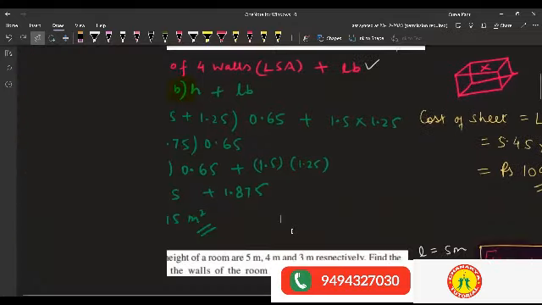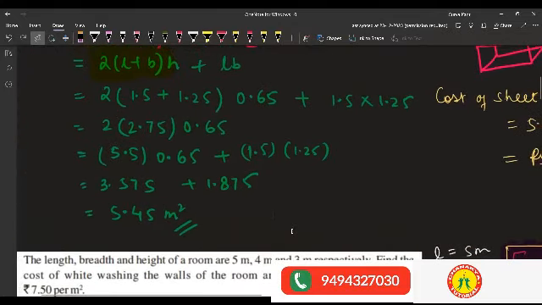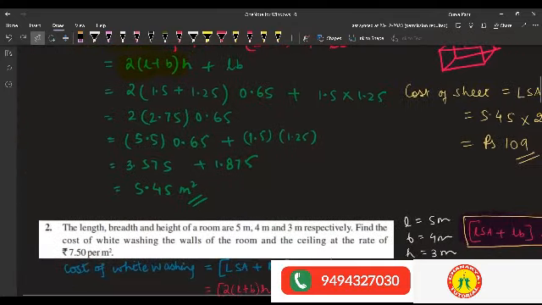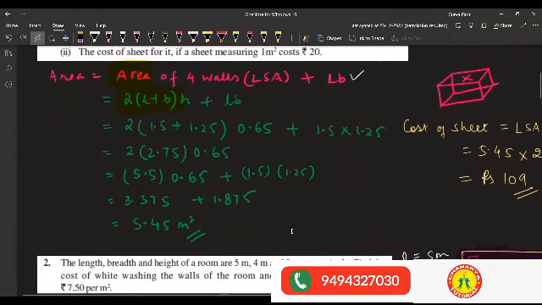So here the question is, the length, breadth and height of a room is given. LBH. We should whitewash the walls and the ceiling. It is a similar question to number 1. We have to whitewash all 4 walls and the ceiling also.